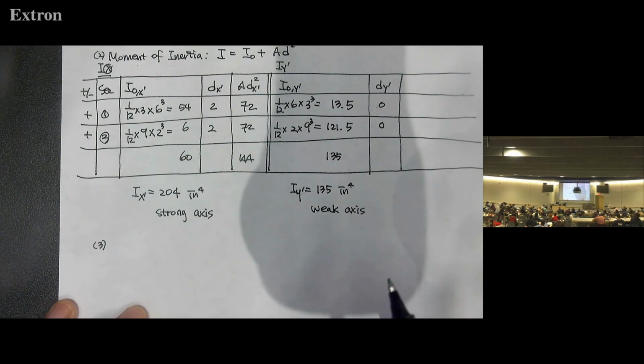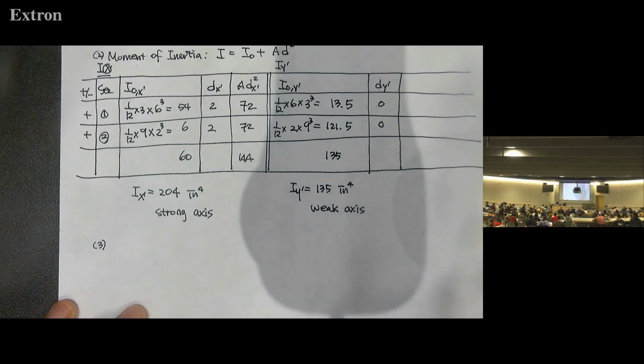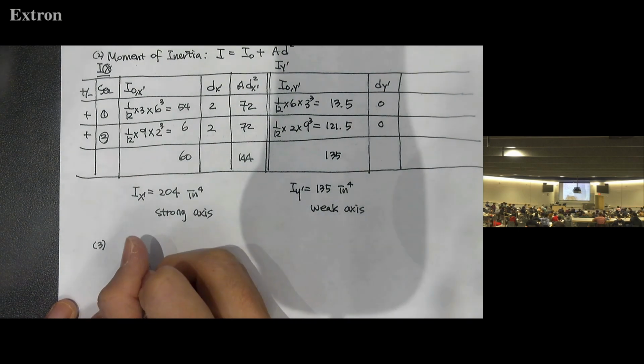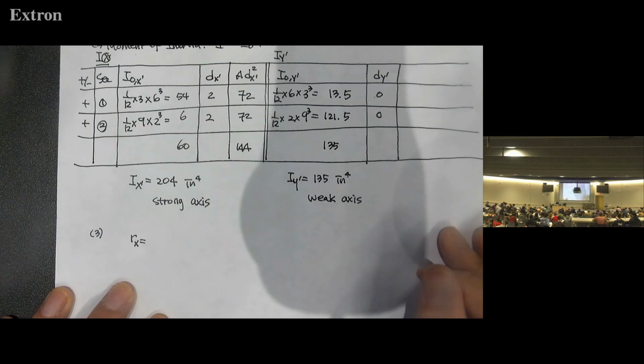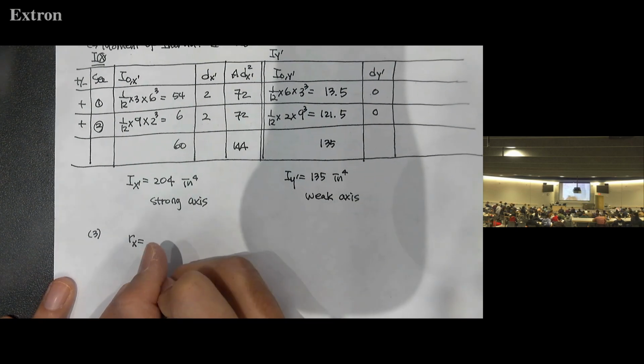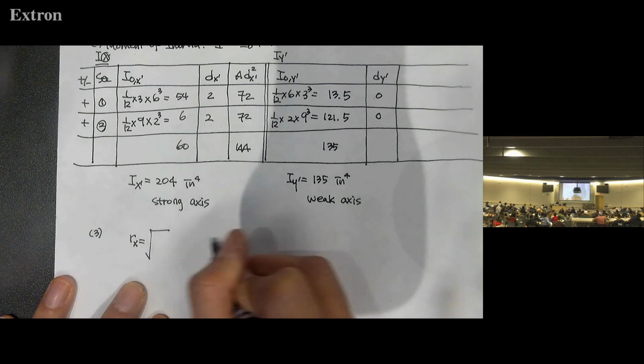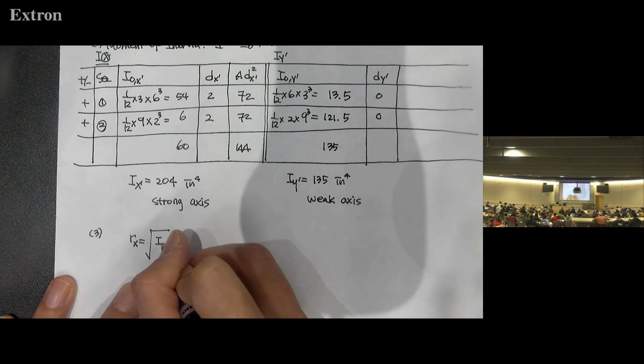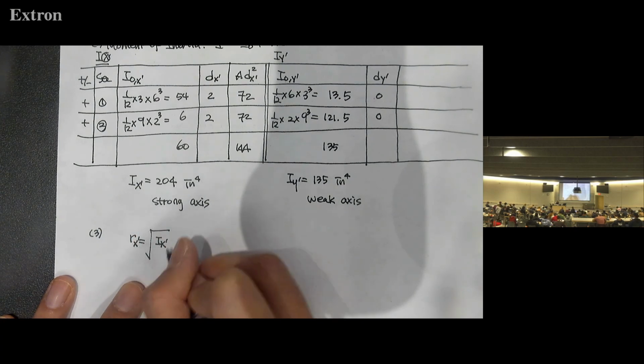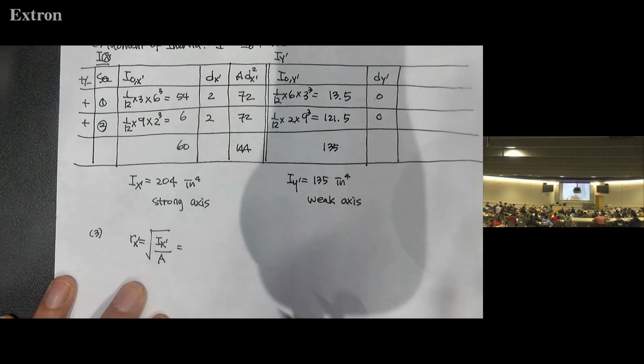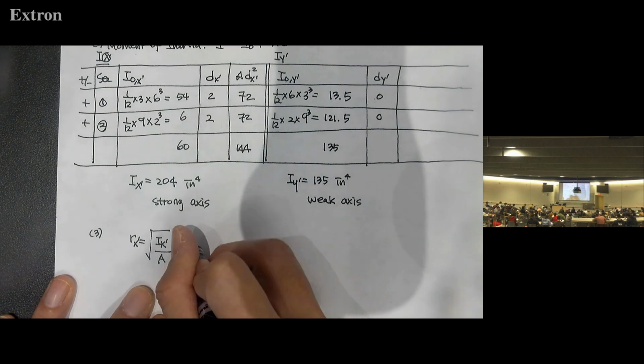And the last one is finding the radii of gyration. Okay. So the radius of gyration r sub x is the square root of Ix over A. So it's kind of a derived quantity from the moment of inertia. And now we have everything.